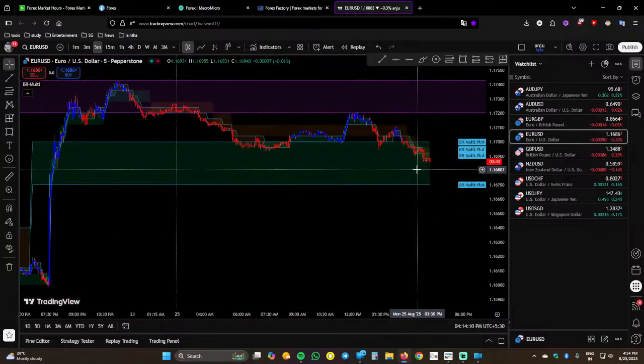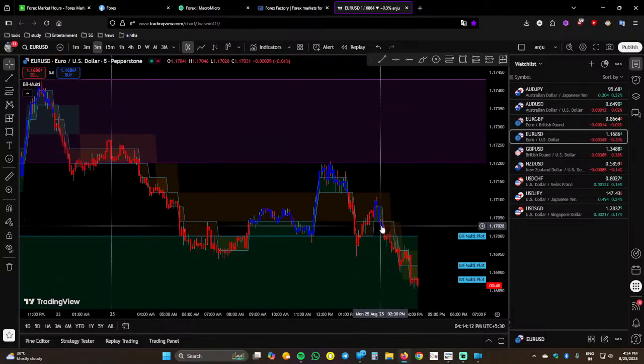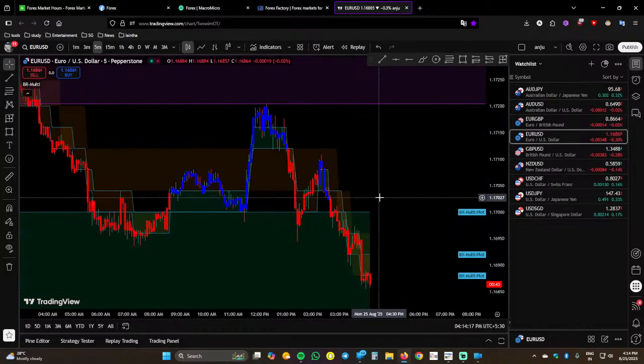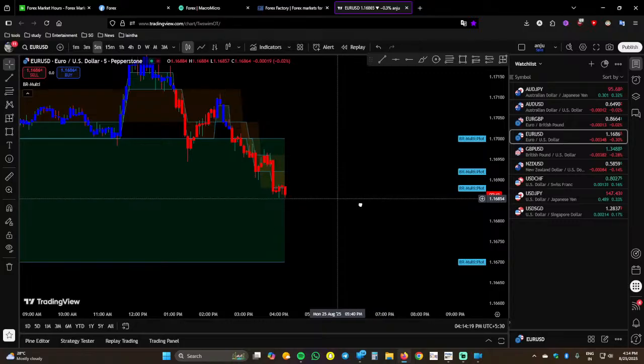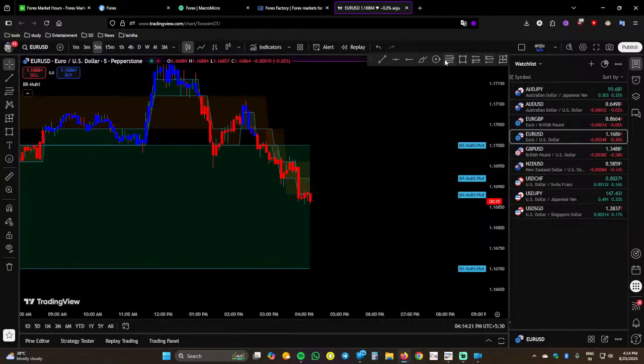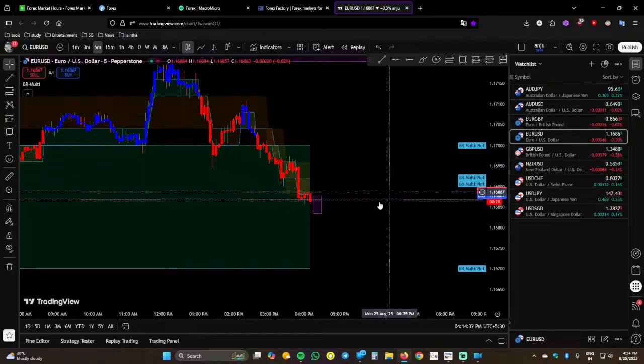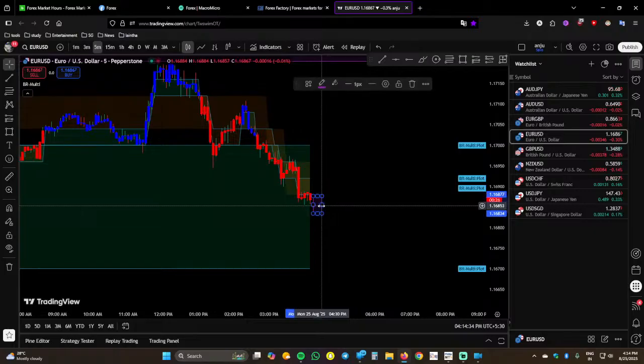Yeah. So now we'll be looking for sell setups. I can straight up take a Renko trade like this. We have already broken down. So we are halfway to the next box.